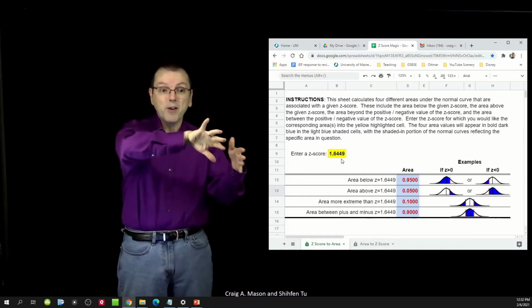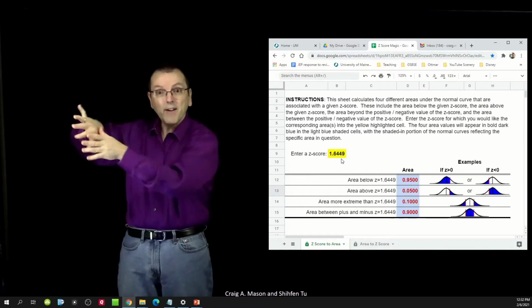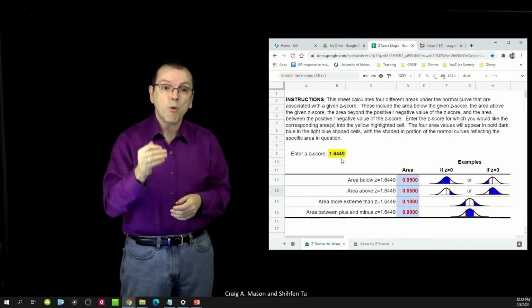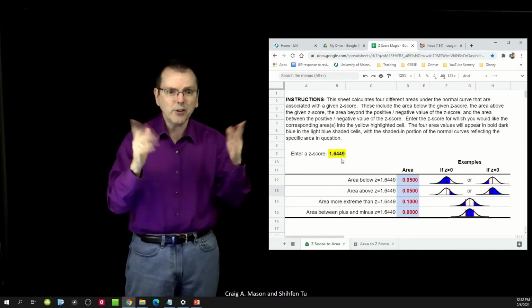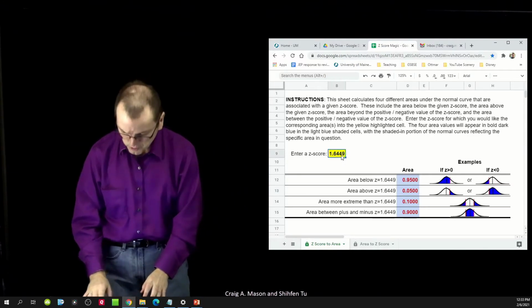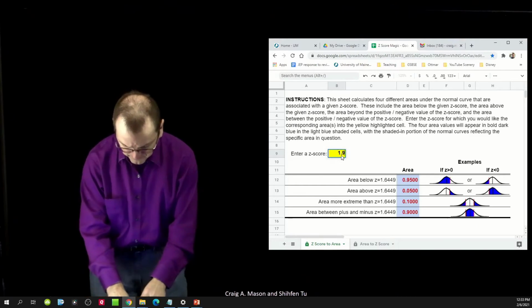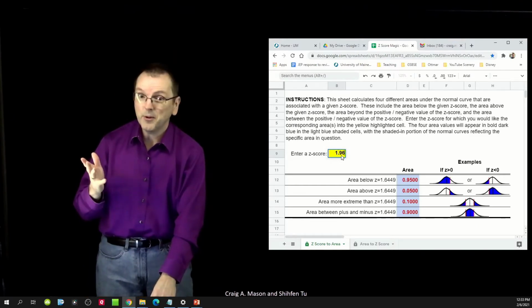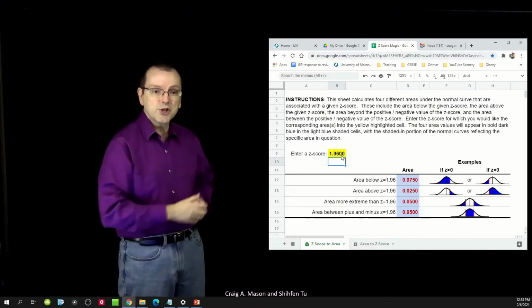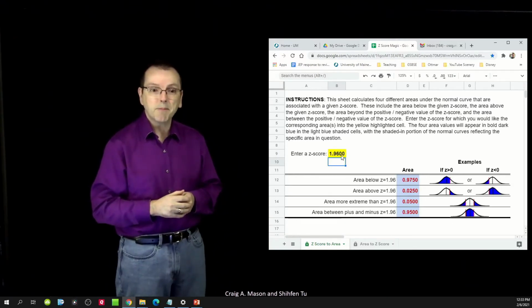It's all of that area below a Z of 1.6449. All you need to do then, you can plug in any values. Let's do 1.96. Right, that's another one of our Z's to remember. And sure enough, look, the number's changed, but it's still giving us what we expect.